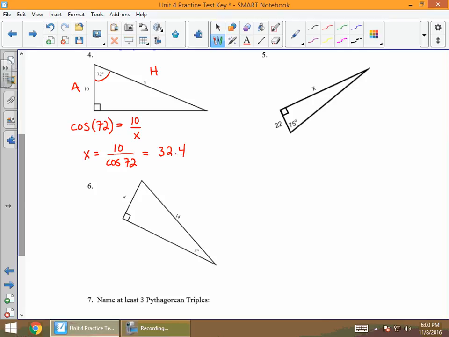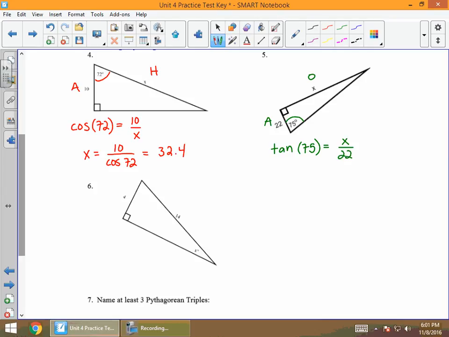Number 5, my angle here is 75. So I have my opposite, hypotenuse, adjacent. The useless side here is H. There's nothing over there. So O and A is going to be the tangent. So the tangent of the angle, 75, is equal to the opposite, x, over the adjacent, 22.